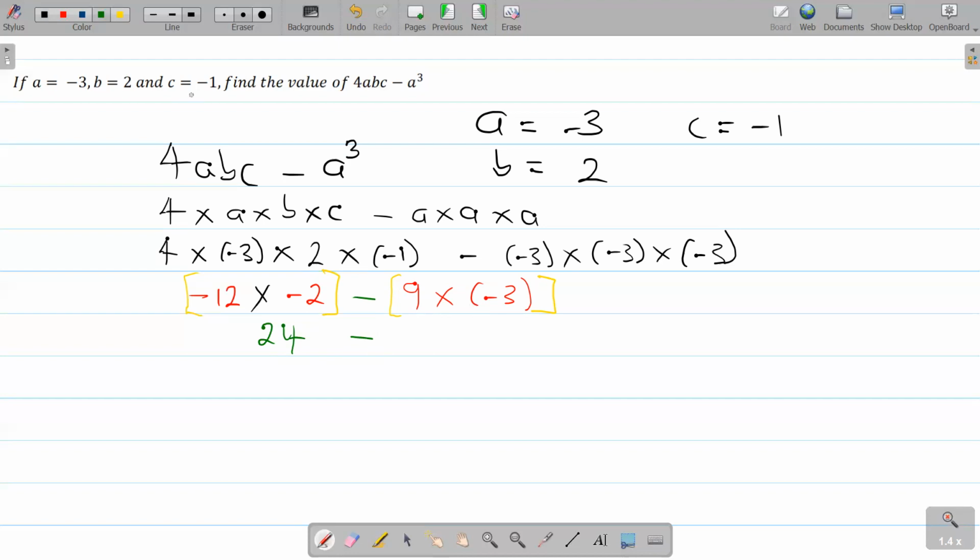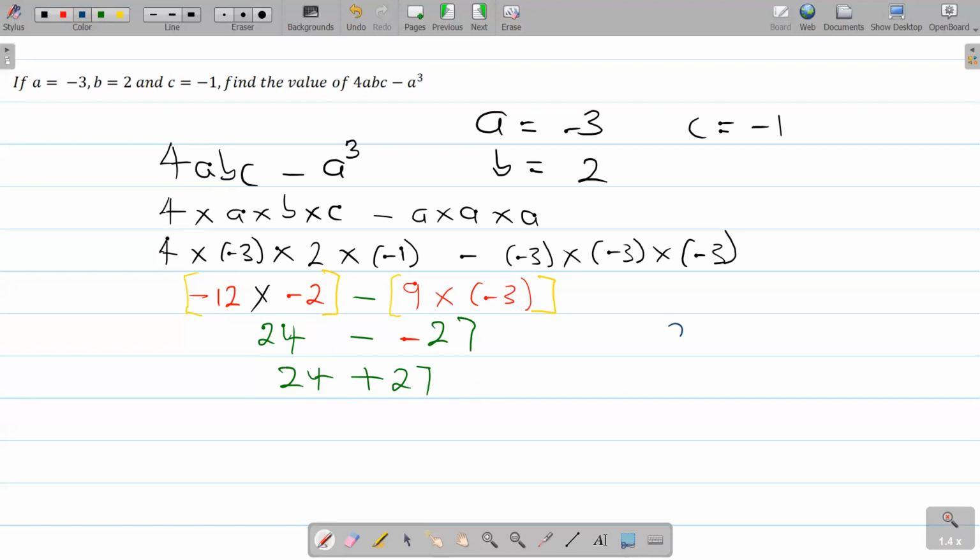I'm going to get -27. So we get a negative, right? Yes. Then 27. Good. So if you look at this, negative coming together, what are we going to get? Positive. Good. So now our final answer will be what? 24 plus 27.